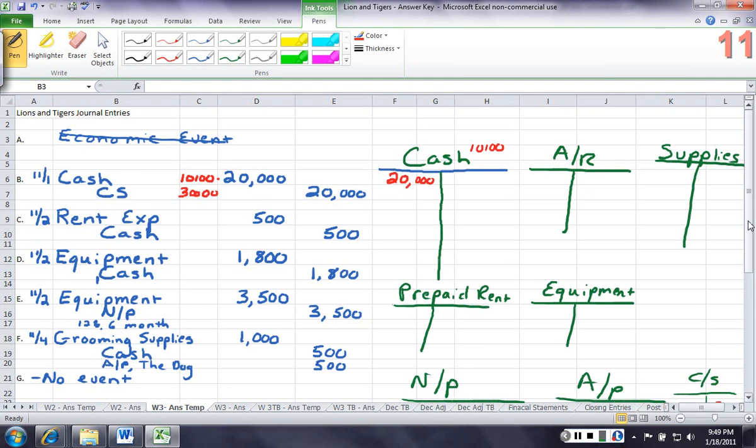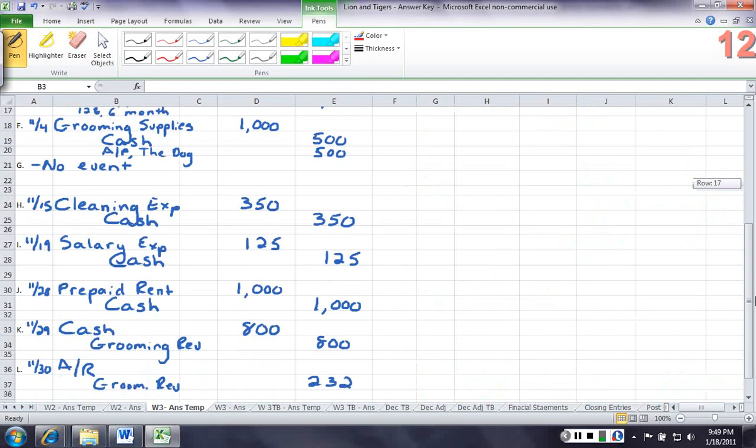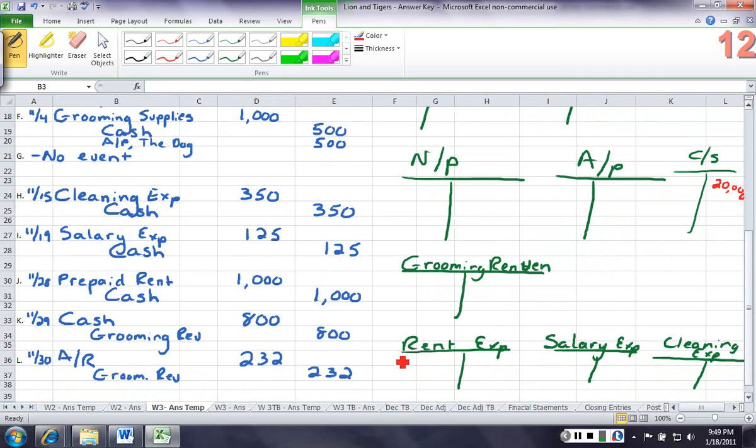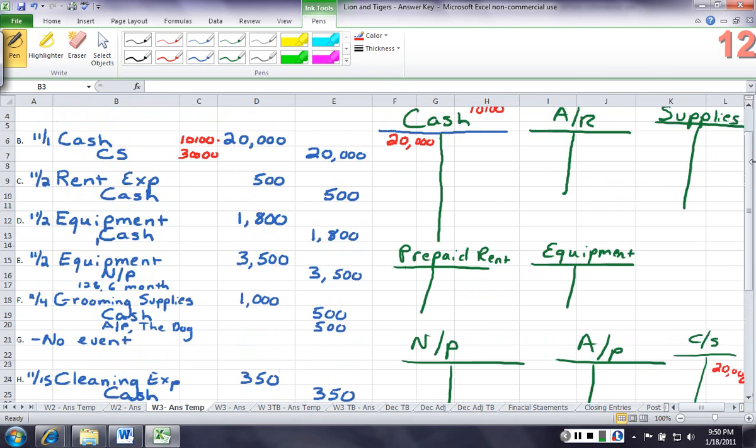Then I'm going to have to debit rent expense, and rent expense was 500. And here's my signature that I've posted. Then cash had a credit of 500, and here's my signature that I've posted.